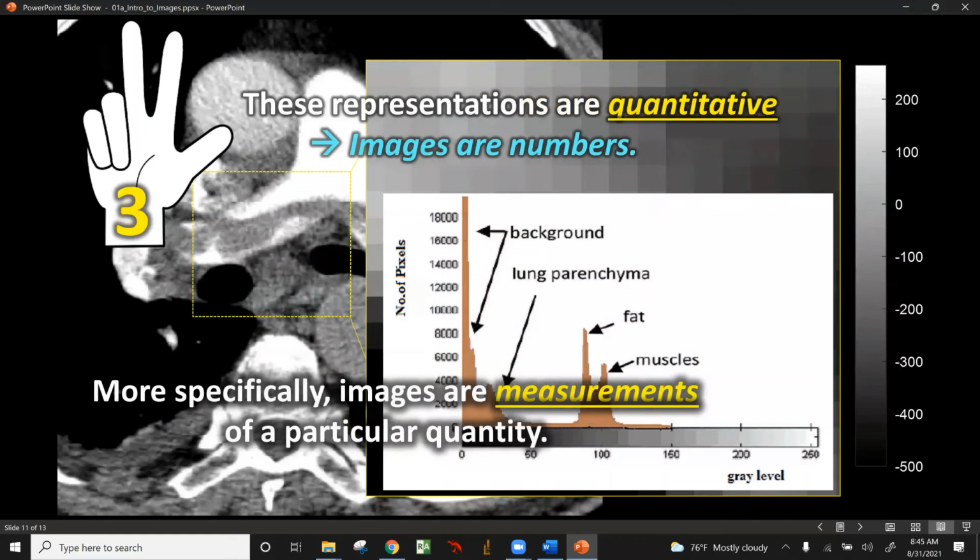Given that they're measurements, you need to know that their measurements have error, right? And so understanding the error in measurement, there could be bias, there could be random error. That's an important aspect of evaluating the quality of an image or the performance of an imaging system.